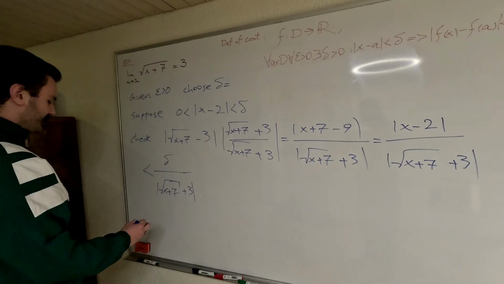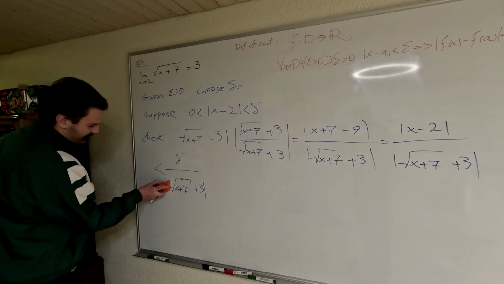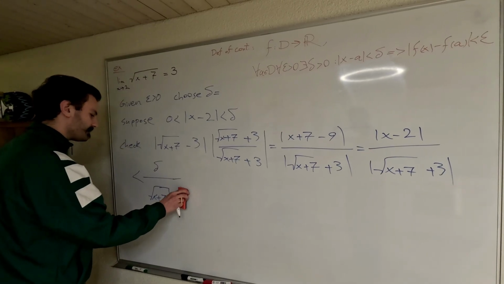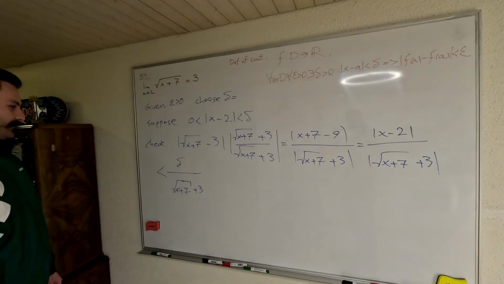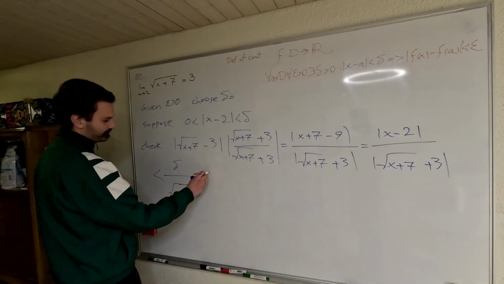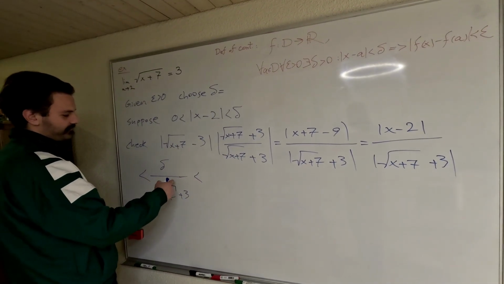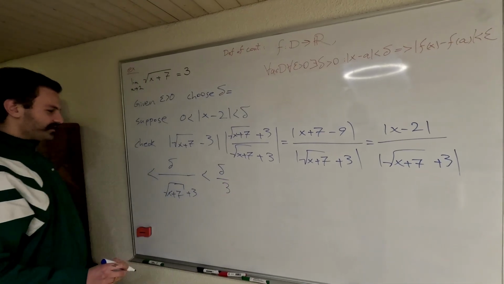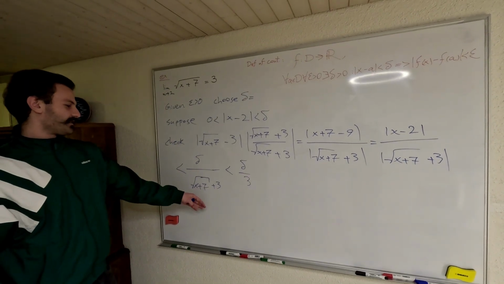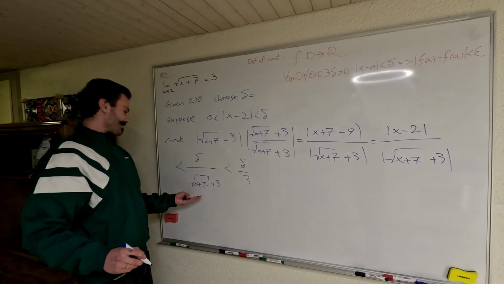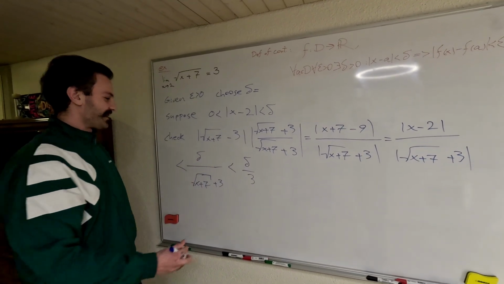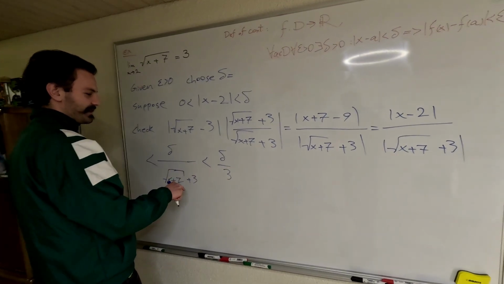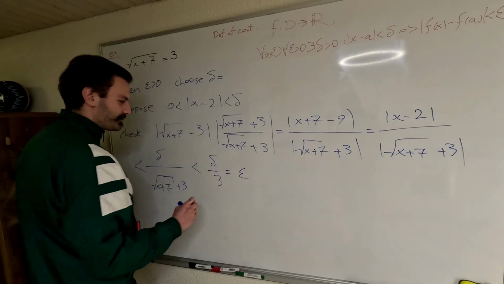Let's say I can omit the absolute values because this is always going to be positive, right? And if we want an expression which is greater than this, then we can just take delta over 3, right? Because as the denominator grows, the fraction gets smaller and smaller, and yeah, this is greater than that, and this should give me the epsilon.